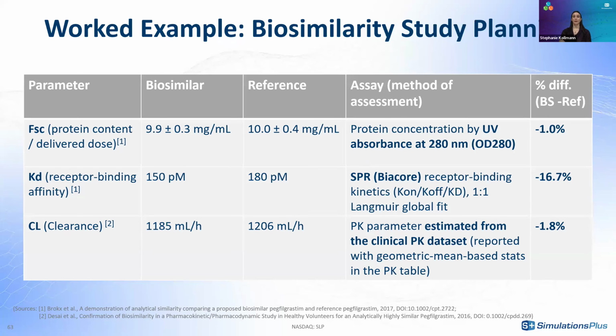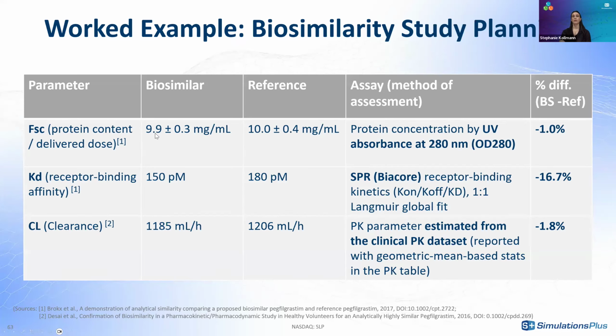So here are the specific parameter differences extracted from the two papers and used as input for the simulations. For delivered dose, the first paper quantifies protein concentration by UV absorbance at 280 nanometer.